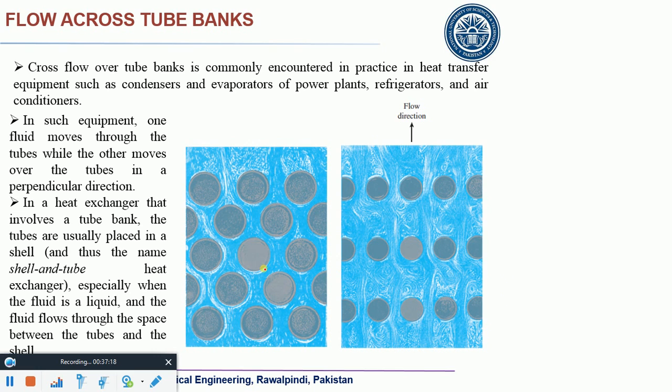So those bundle of tubes are arranged in two patterns. One is staggered. Just look at this pattern. This pattern is kind of a staggered pattern. I hope I spelled it correctly. Staggered pattern. You see, in this line you have those cylinders, and then you have these two tubes.